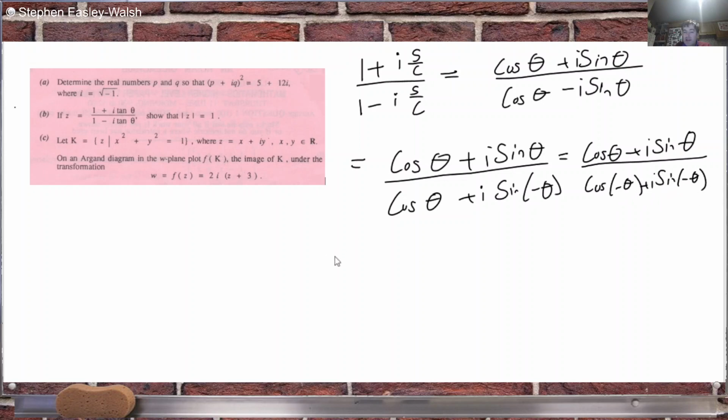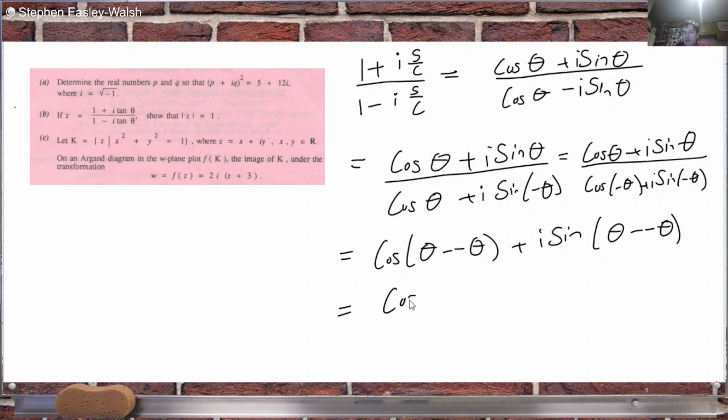And since you're dividing polar forms, you can just subtract the powers. So that'll be cos theta minus minus theta plus i sine theta minus minus theta. So that becomes cos 2 theta plus i sine 2 theta.